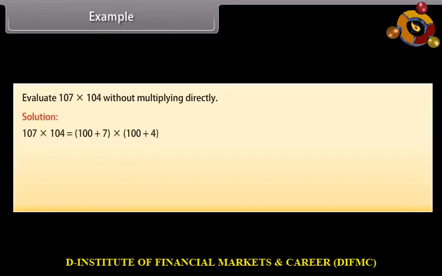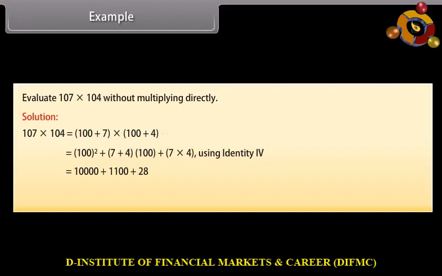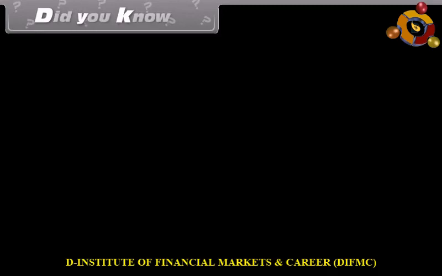Solution. 107 times 104 is equal to (100 + 7)(100 + 4), which equals 100^2 + (7 + 4) x 100 + 7 x 4 using identity 4, which equals 10,000 + 1,100 + 28, which is equal to 11,128.